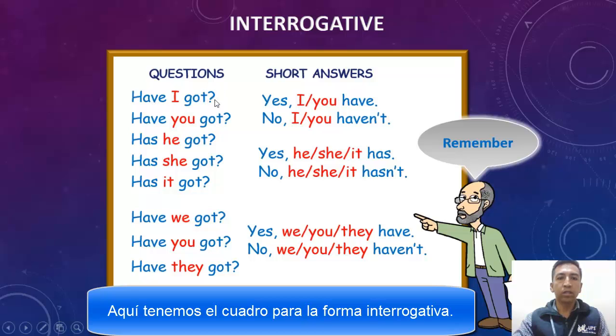Have I got? You can answer yes, I have, or no, I haven't. Has she got? Yes, she has, or no, she hasn't. Have they got? Yes, they have, or no, they haven't.